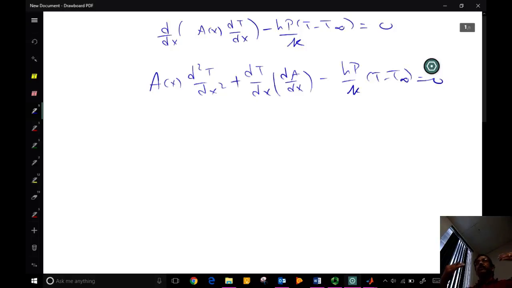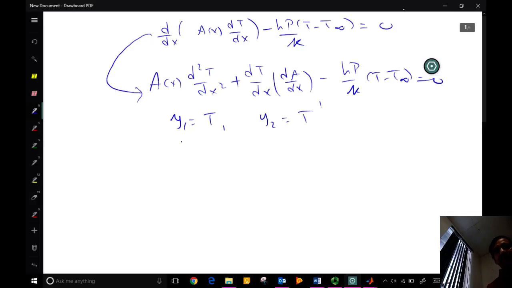Okay? Now you need to convert this second order equation to a set of two first order equations. You know how to do that. Yeah. So you can't just add a function of x in the MATLAB code. You have to figure that out. You have to change this equation into this form, and then you say y1 is T and y2 is T prime.